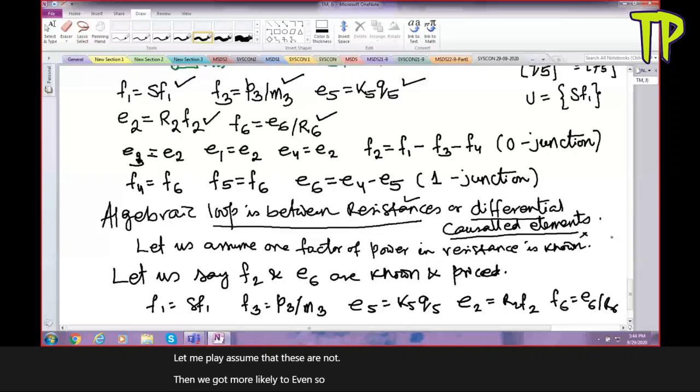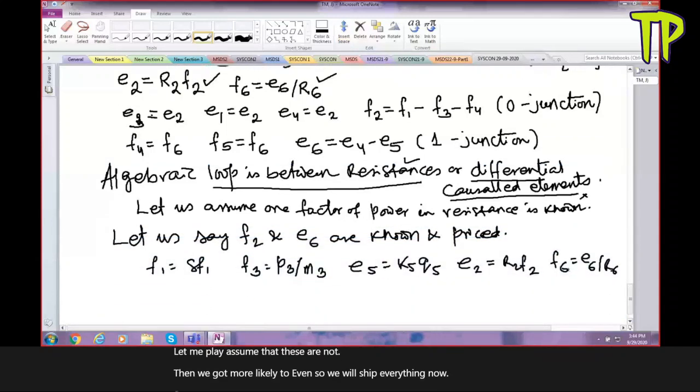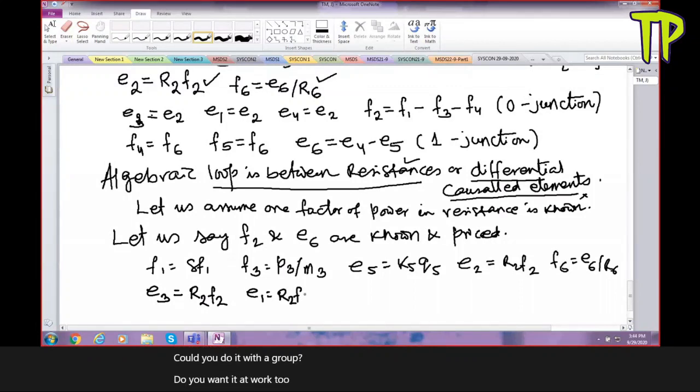So we will shift everything down. So we will write E3 equal to E2. E2 is R2 F2. E1 is R2 F2. E4 is R2 F2.